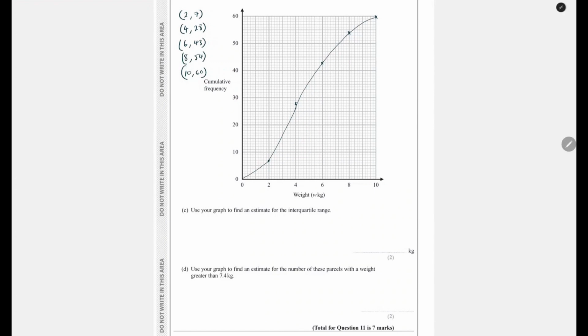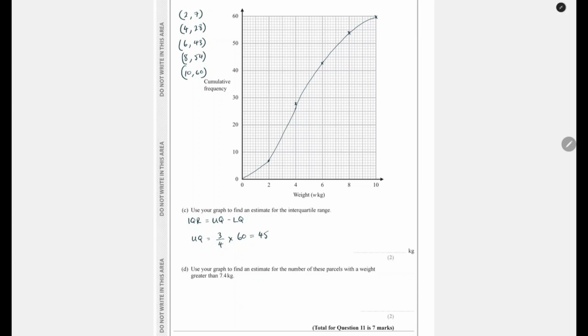Part C says, use your graph to find an estimate for the interquartile range. Well, in order to work out the interquartile range, that's just the upper quartile minus the lower quartile. So the upper quartile is 3/4 multiplied by our total frequency, which is 60, and that is equal to 45.